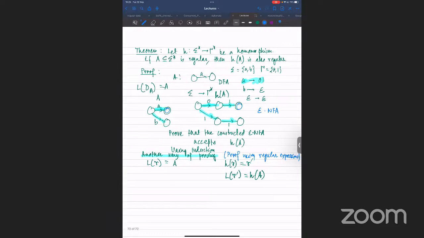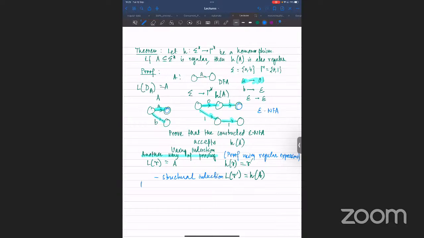So how do you prove something like this? What is the basic technique? Also induction. And this induction, as we saw, because this is a kind of structure, it's a tree. A regular expression can be seen as a tree. So we are going to use structural induction.